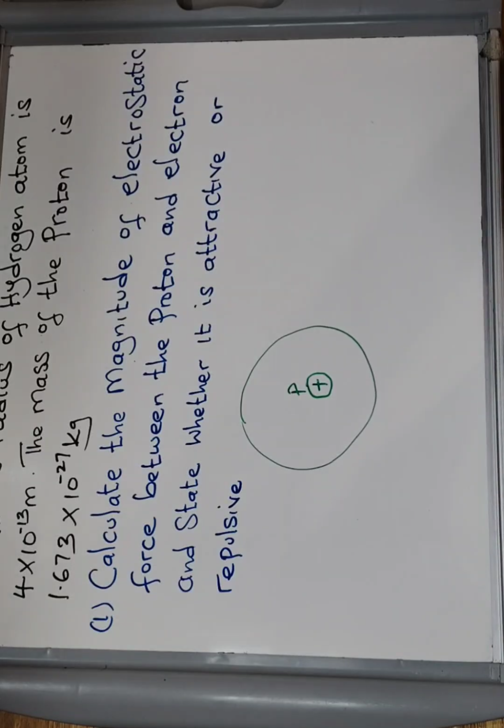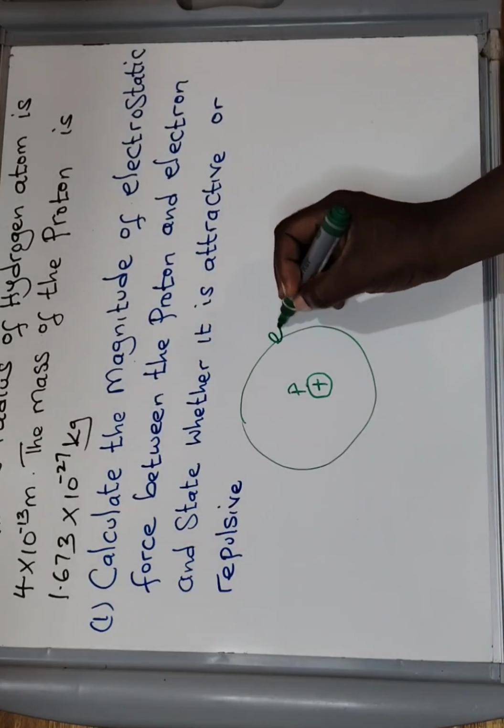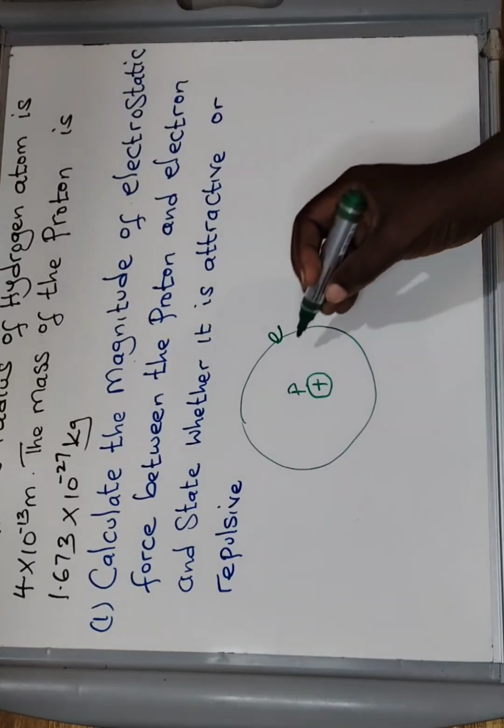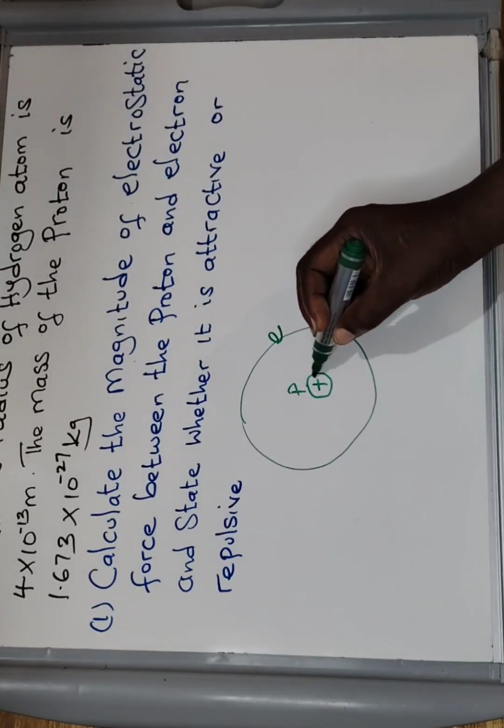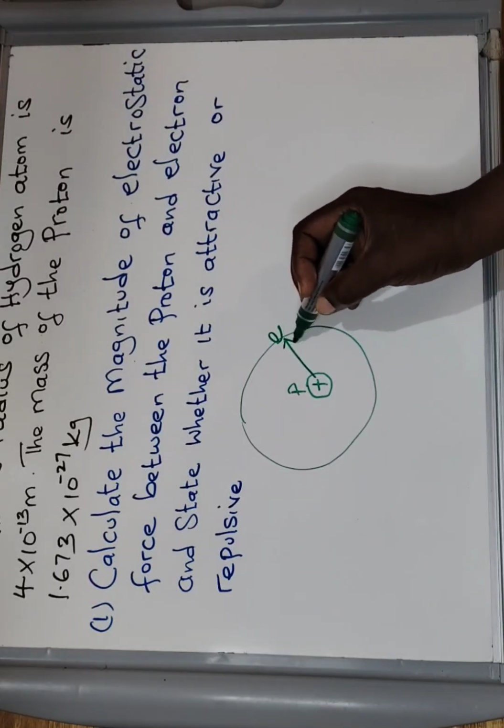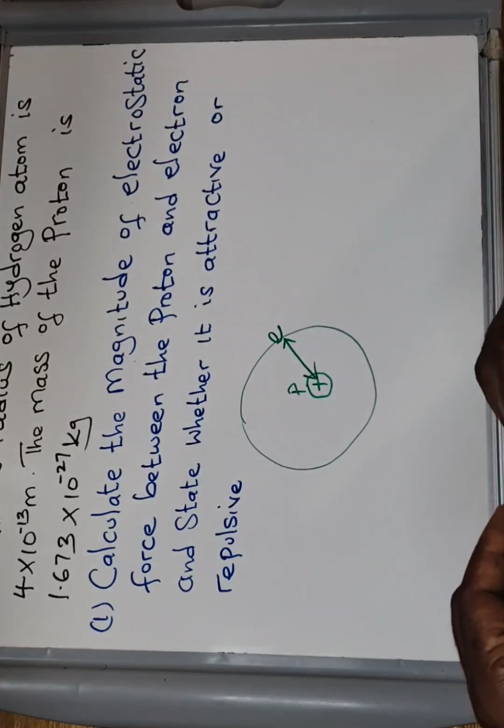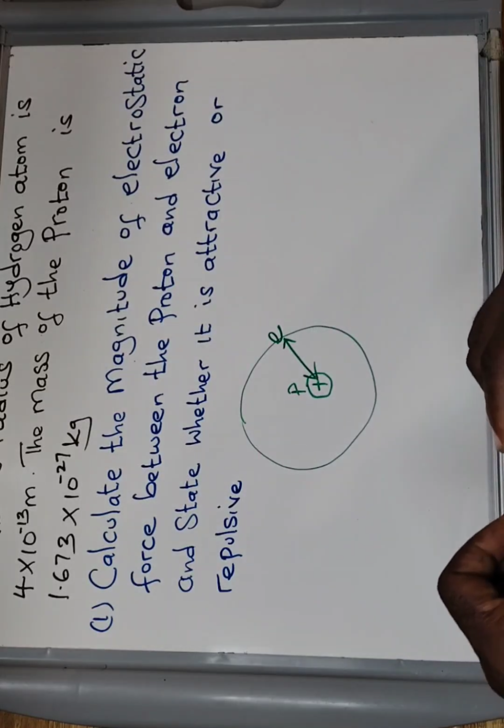The hydrogen atom is special. It has one proton and one electron. So we have an electron around here. The distance between the nucleus and this orbital is what we call the atomic radius, and it is given.